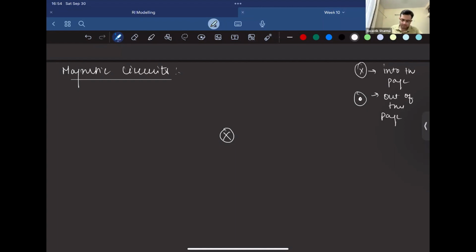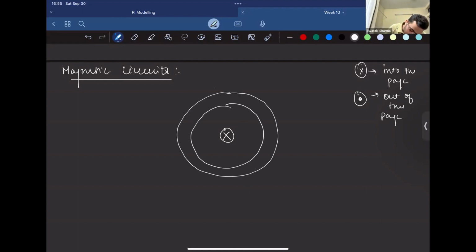If we have some current carrying conductor and the current is going into this page, it produces what's called a magnetic field around it. I'm not drawing to scale, it would be uniform. So this is how the magnetic field looks, which surrounds this current carrying conductor.